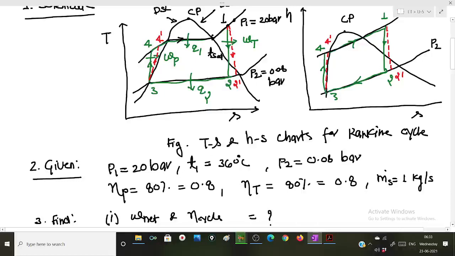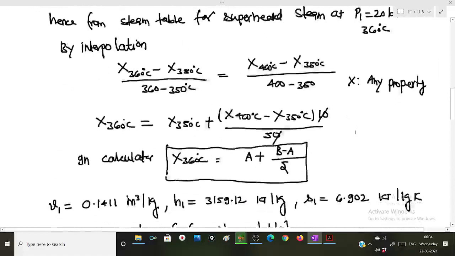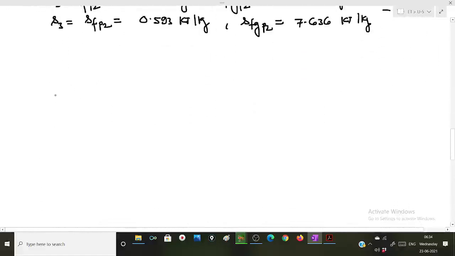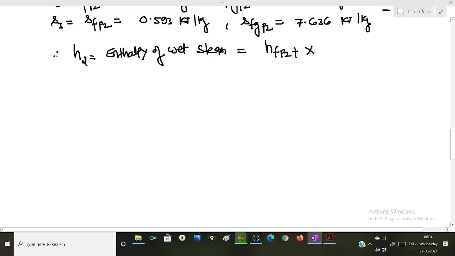H2 is the enthalpy of wet steam leaving the turbine and entering the condenser, and this can be calculated as H2 = H3 + X2 into HFG P2.